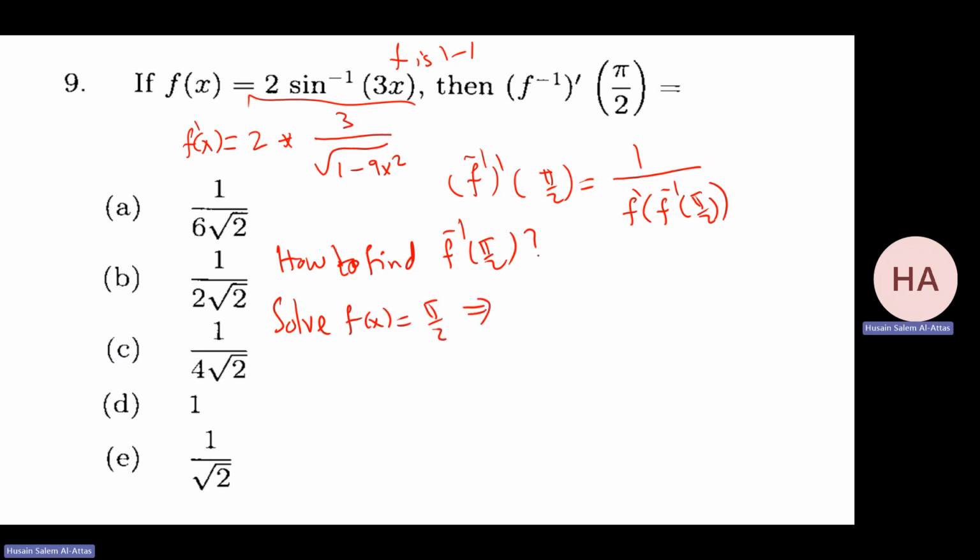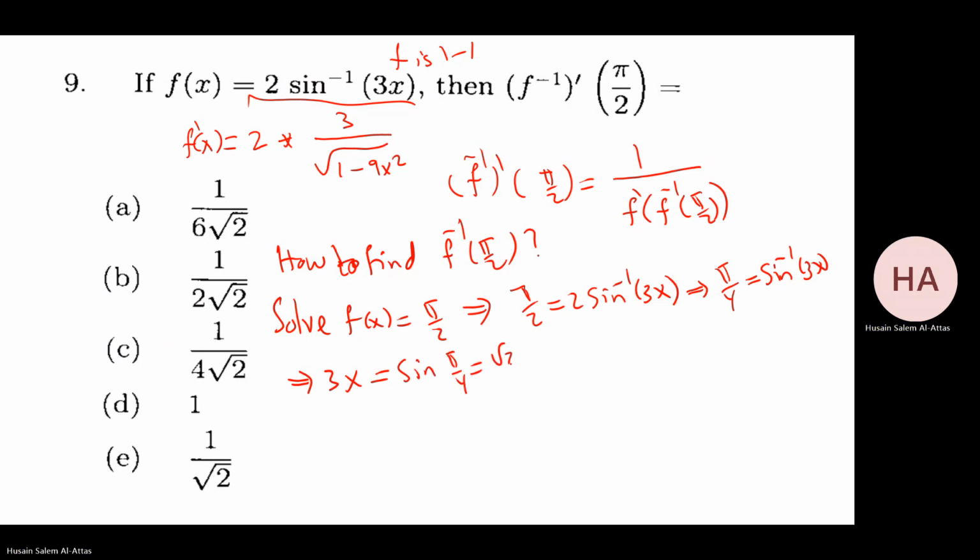That implies pi over 2 equals sine inverse 3x, so pi over 4 equals sine inverse of 3x. That implies 3x equals sine pi over 4, which is square root 2 over 2. So x equals square root 2 over 6. So f inverse of pi over 2 equals square root 2 over 6.